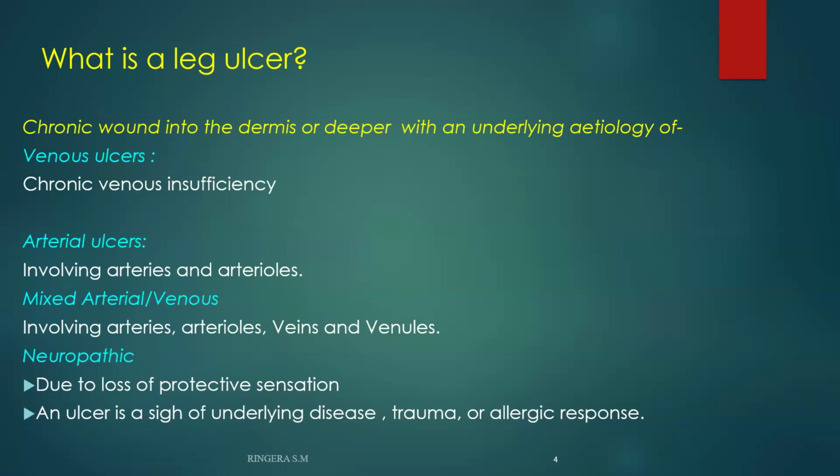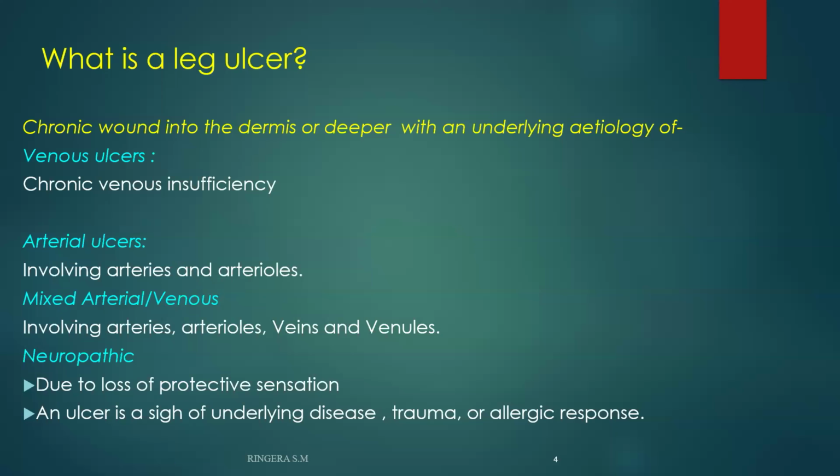The rest of the group of patients that possibly present are those with neuropathic issues, the diabetic patients who usually develop these wounds due to neuropathic problems, and others who come with what we call neuroischemic ulcers.